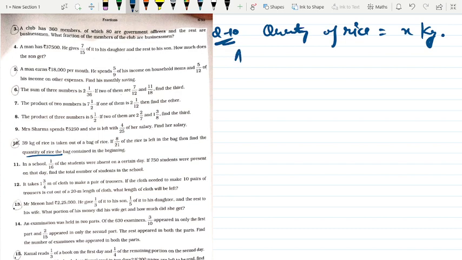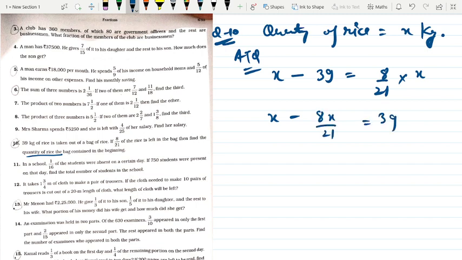So quantity of rice we have assumed x kg. According to the question, from x kg, 39 kg is taken out. So 8 upon 21 of the rice, that is x kg, is left there. So we can make this equation like this. Okay, now we will solve for the value of x. x minus 8x upon 21 is equal to 39.